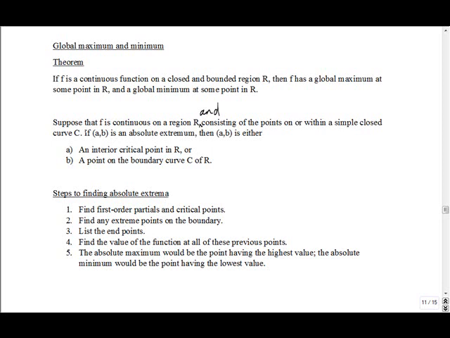So the absolute extrema only occur inside the region or on the boundary, nowhere else, okay?